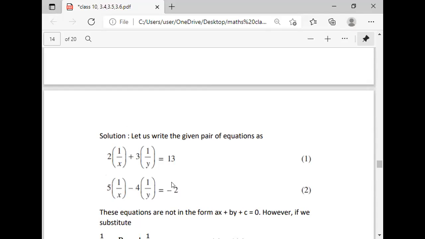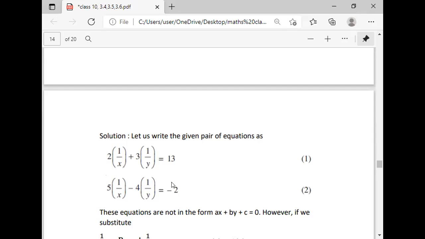From the view itself, you can see that it is not in the form of ax plus by plus c equal to 0. So we have to convert it to our general form. How can we convert it? 1 by x is the value that keeps this equation from being in the form of ax plus by plus c. So what do we have to do?